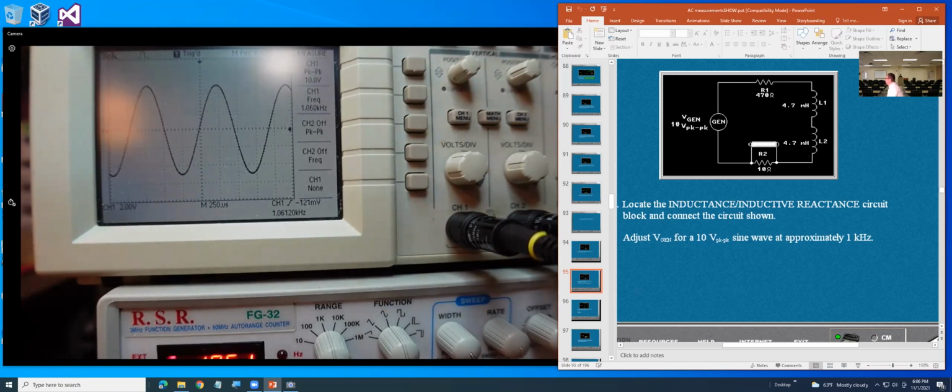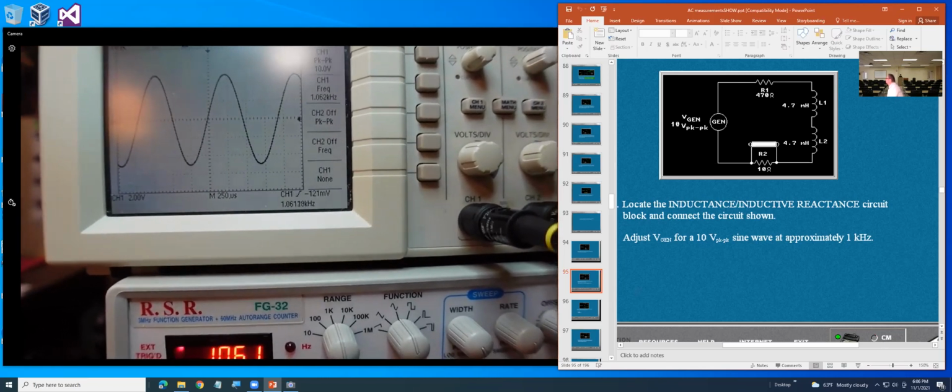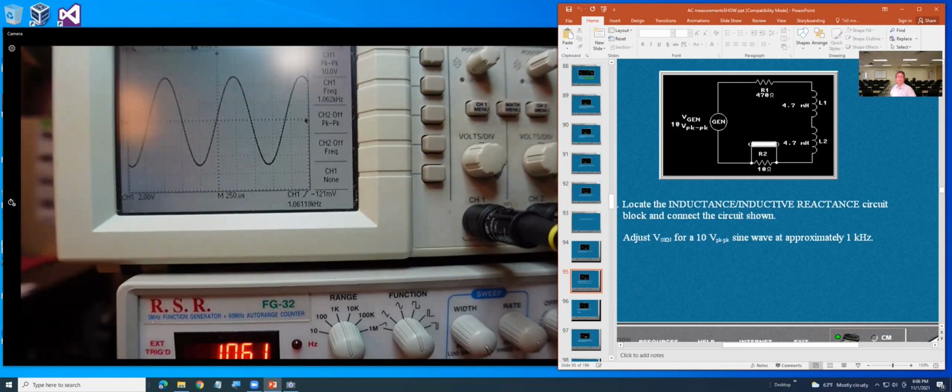Okay, so basically you can say you get a sine wave. And on that sine wave, you want 10 volt peak to peak.